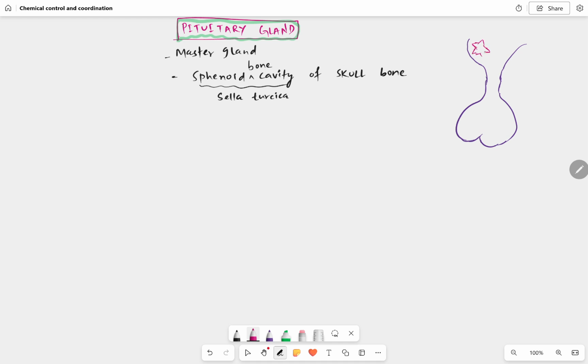These are the neurosecretory cells. This is the hypothalamic region containing the hypothalamus, and the hypothalamus contains the neurosecretory cells.